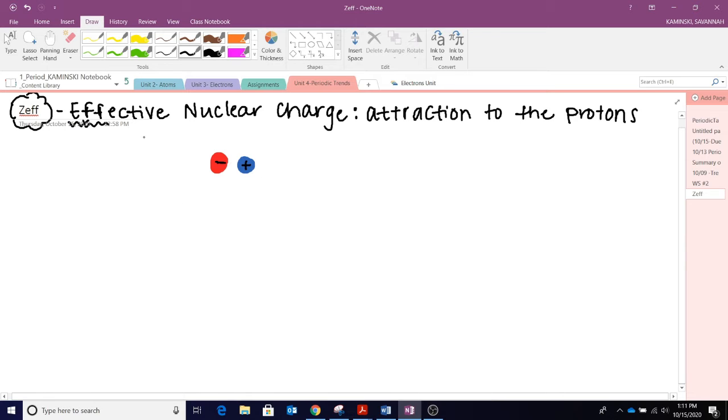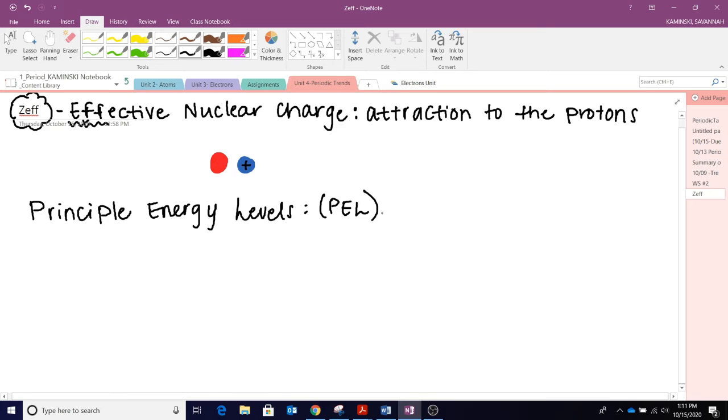electrons. Okay, and then I wanted to talk to you guys about principal energy levels. And we've talked about this before when we learned about electron configuration, but I'm going to abbreviate it today with PEL, principal energy levels.